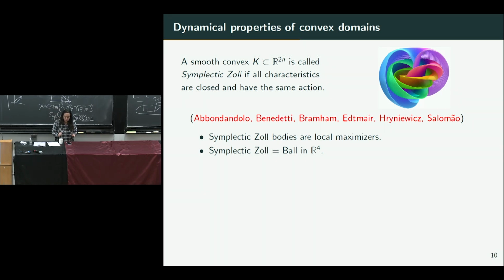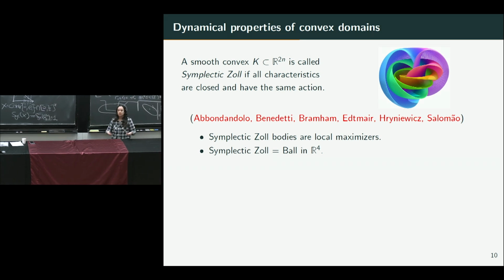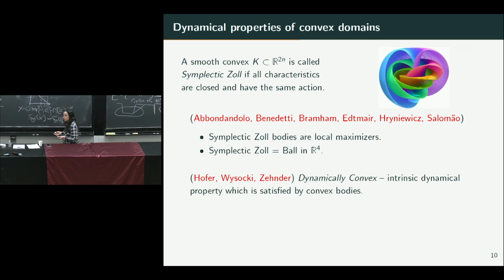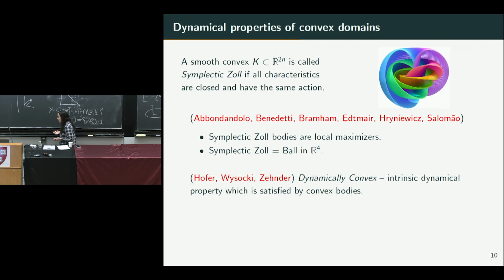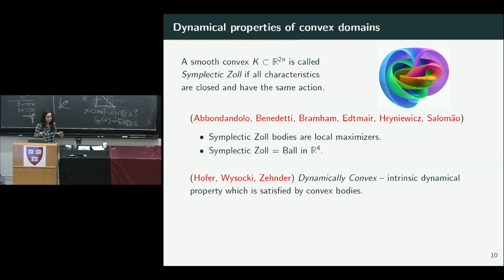Okay, so that was one attempt to tackle the conjecture, by trying to find the dynamical properties that a maximizer should have. But another way to try and tackle it would be to define convexity using intrinsic symplectic properties.